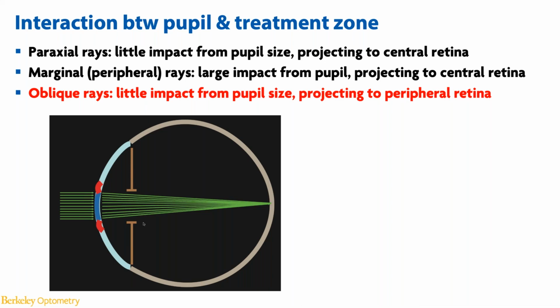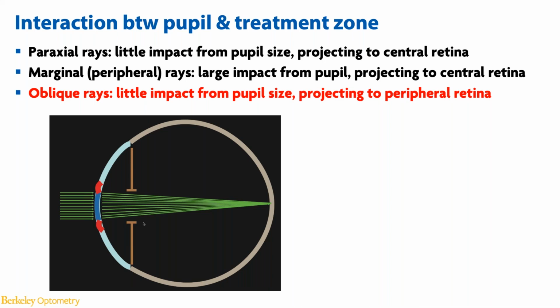So to really understand how a smaller treatment size on the cornea has impacted the retinal defocus profile, I'm providing you some really simple schematics illustrating the 3 types of rays actually getting into the eyes. The first type of rays, shown here in green, is called the paraxial rays, or the central rays. These are the rays that are very proximal to the optical or visual axis, and are parallel with the visual axis.